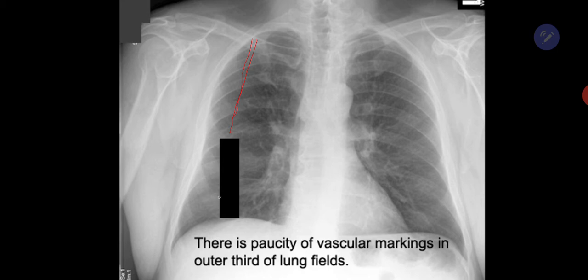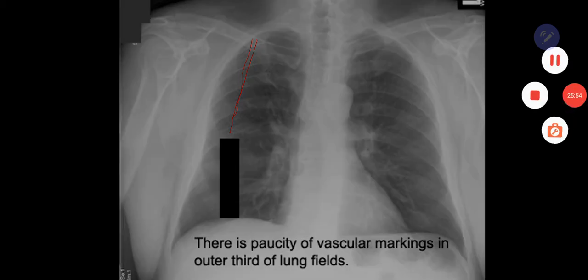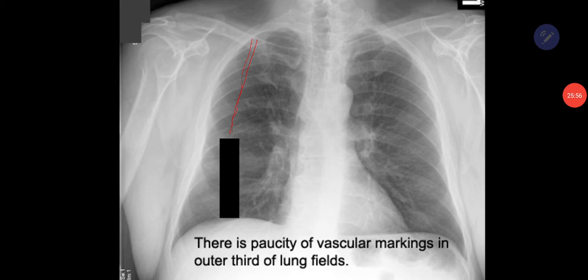The outer one third showing increased vascular markings is called pulmonary plethora, which is seen in various conditions, which will be discussed in the next session. So for now, let's continue with our topic, that is normal chest x-ray.